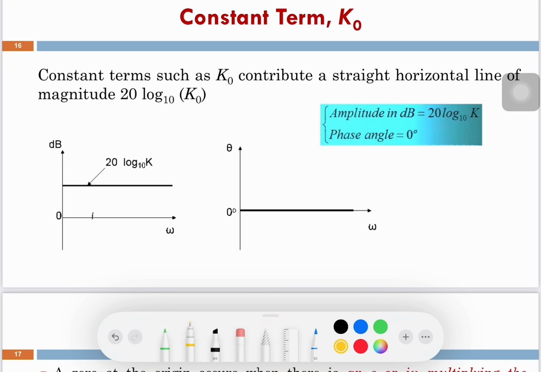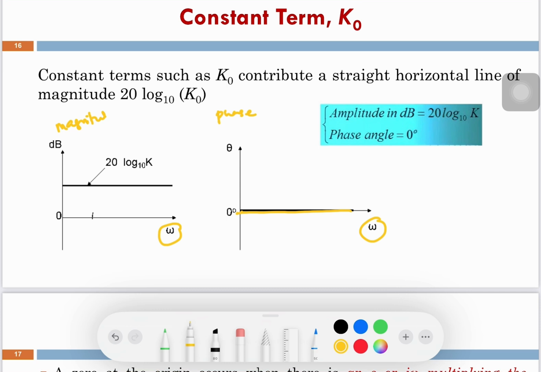When you want to draw the phase angle of K0, remember the phase angle of your K0 is 0. This one is the magnitude, this one is the phase, both against omega. So in order to draw the Bode plot, you have to draw both the magnitude plot and also the phase plot.